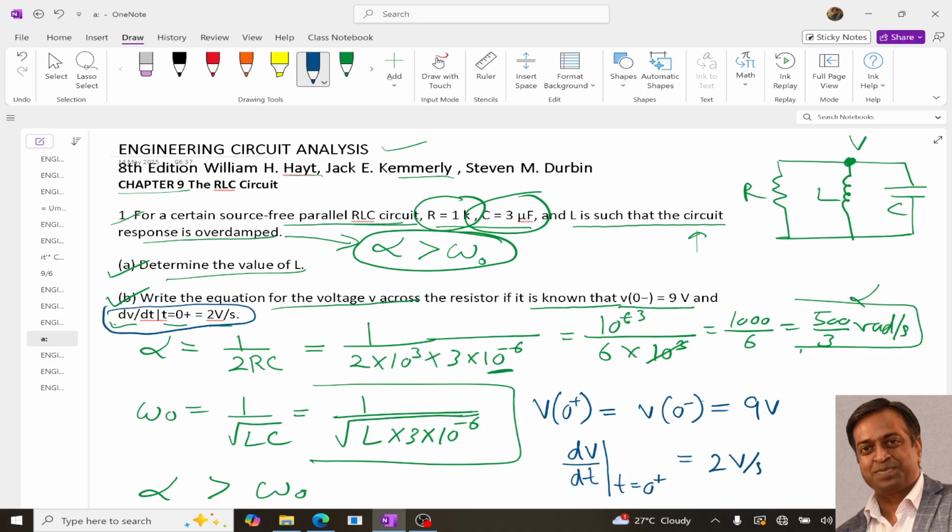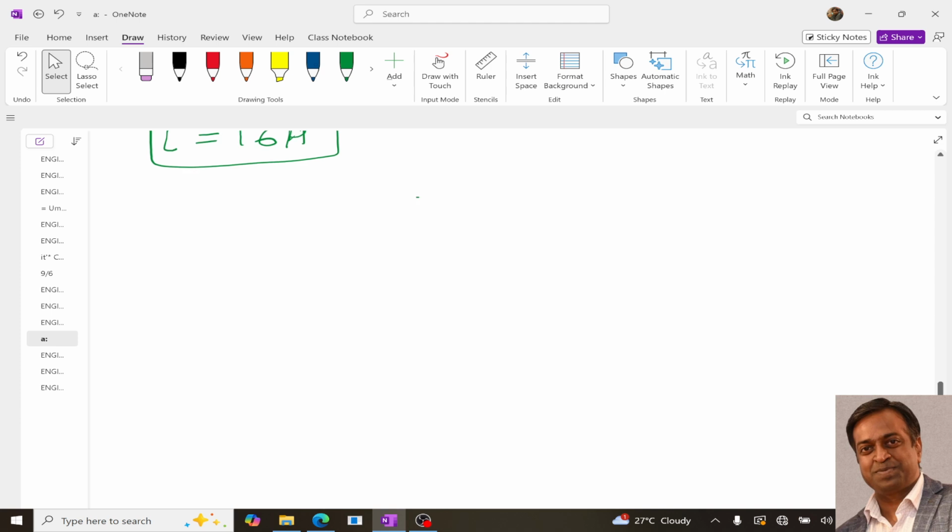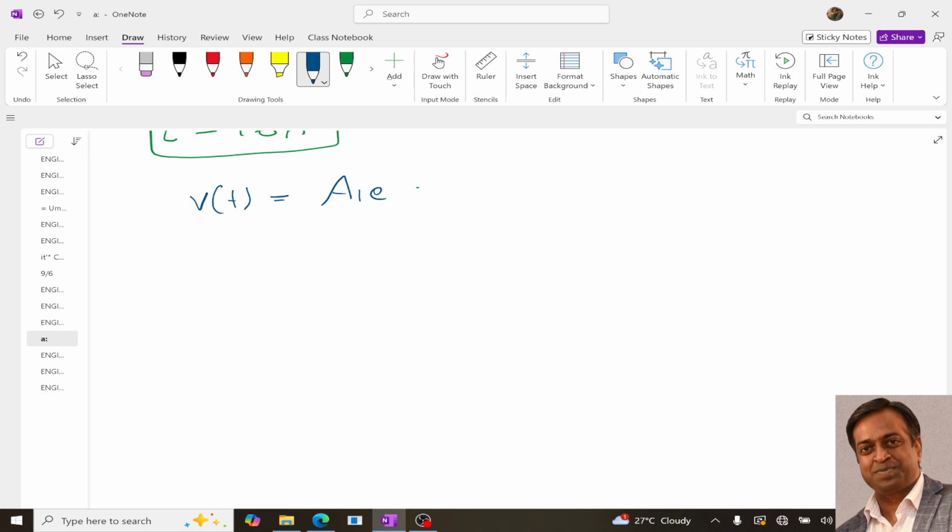Now we know that for the parallel RLC circuit, the voltage is expressed as a1 e power s1t plus a2 e power s2t.